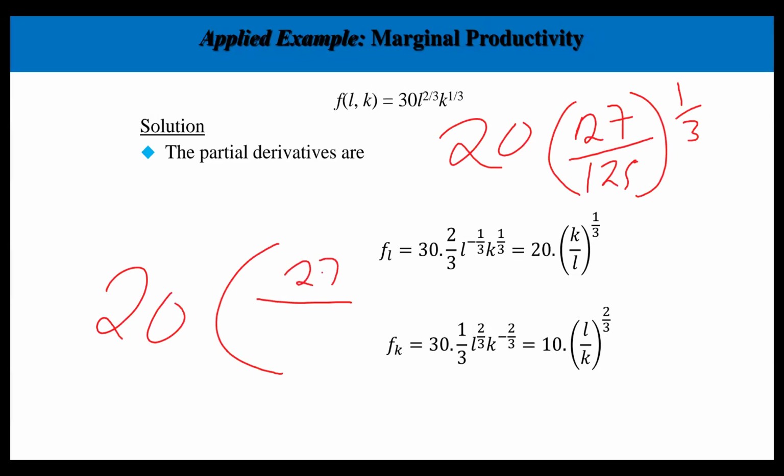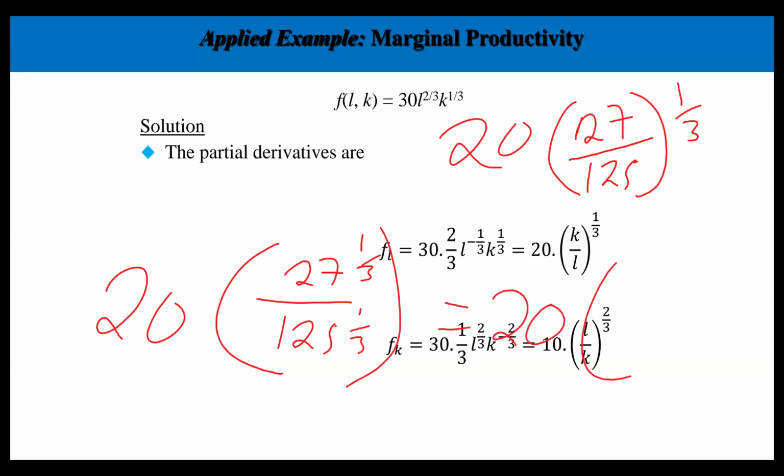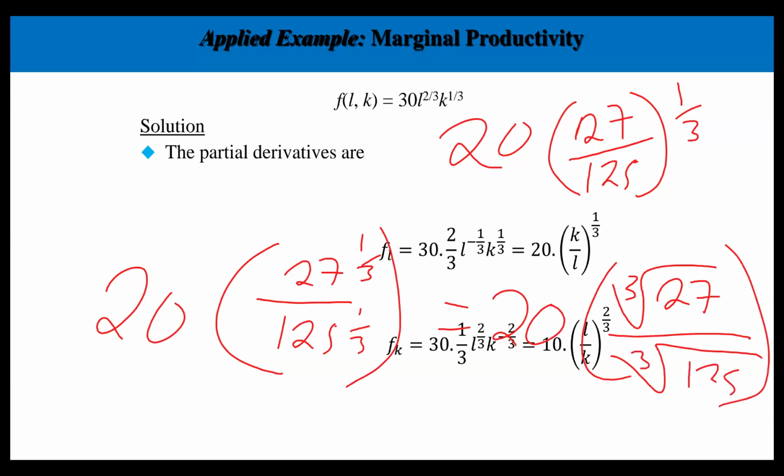You can say 27 to the power 1 over 3 and 125 to the power 1 over 3. And we do know that we can still rewrite this, using the rule of indices, as 20 multiplied by the cube root of 27 divided by the cube root of 125. The cube root of 125 simply means a number that you can multiply 3 times to give you 125, and the number you can multiply 3 times to give you 27.